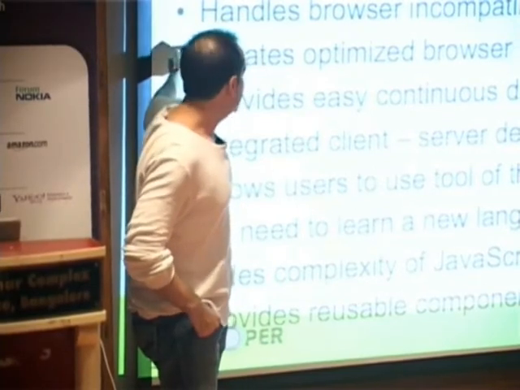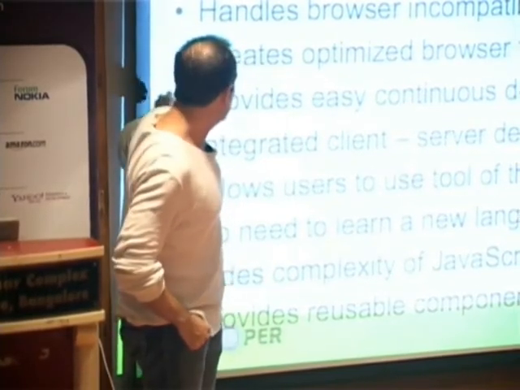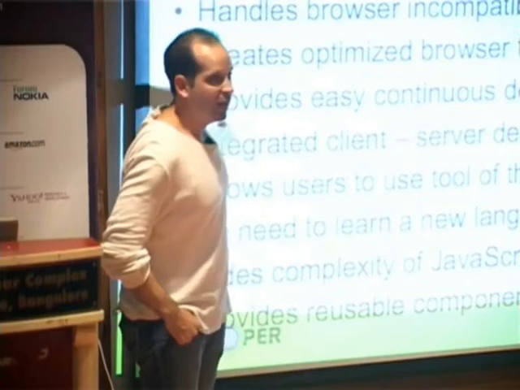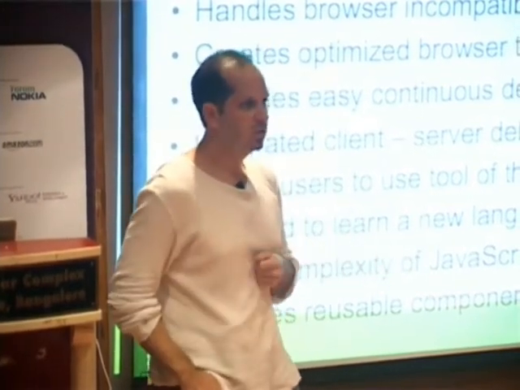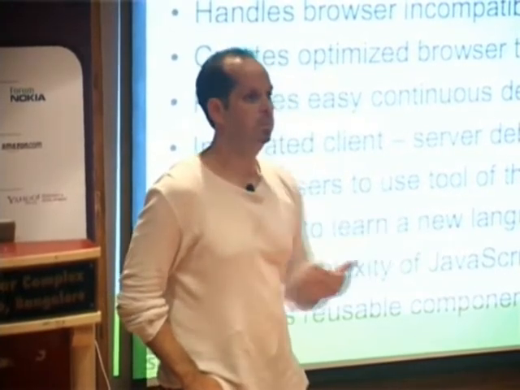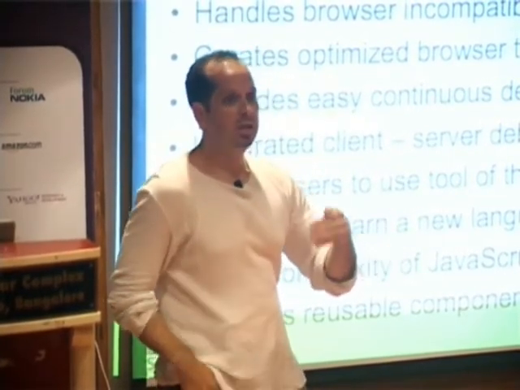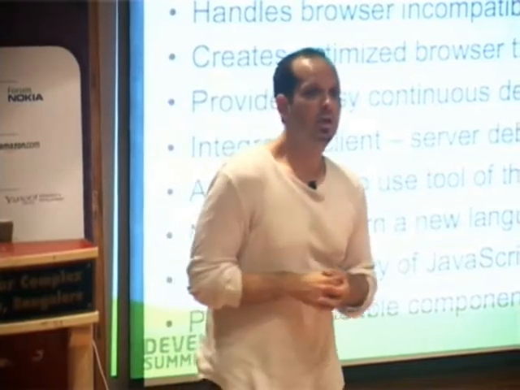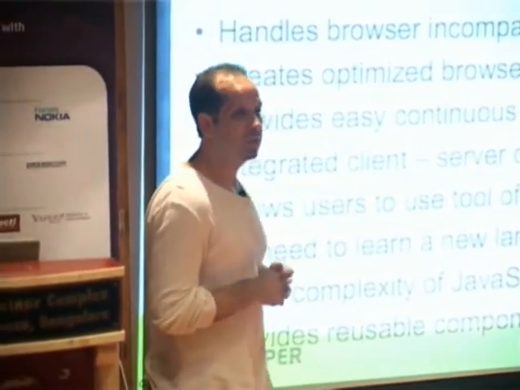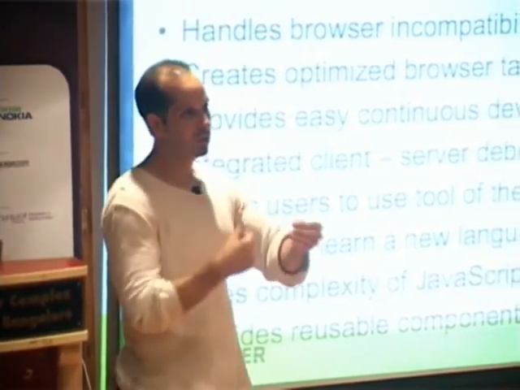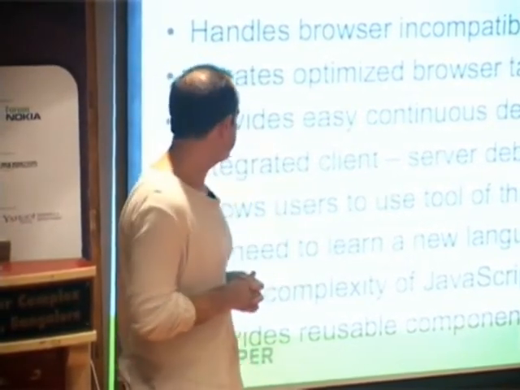They do optimized code, and they can actually do that for given browsers. They provide that continuous development, much like what you've seen with jMaki, if you've seen my other presentations. You can continue to develop, and even though it's Java code, it gets recompiled as you're working, and you see it right away. And that's really important, especially developing these new applications where you're doing a lot of small tweaking.